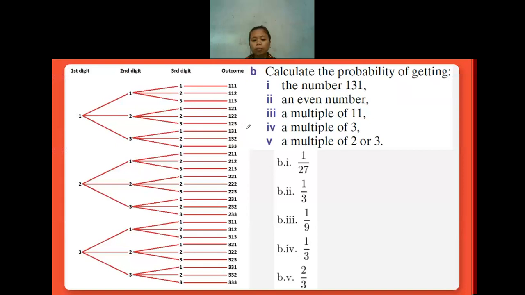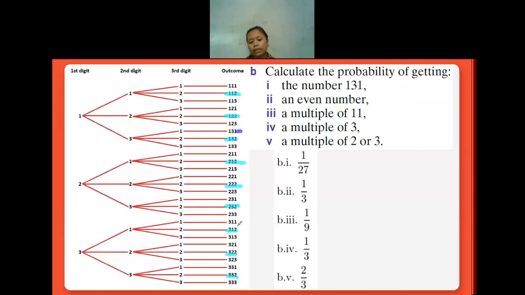For the question B, an even number. If it is even, you have to check the last digit. The last digit has to be even. So for the even numbers, there are 9 numbers. The numbers will be 112, oh sorry, 122, and then after that 132, 212, 222, 232, 312, 322, 332.